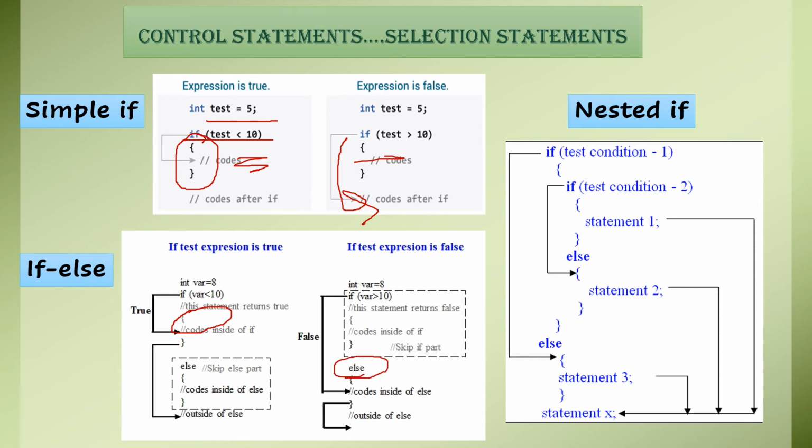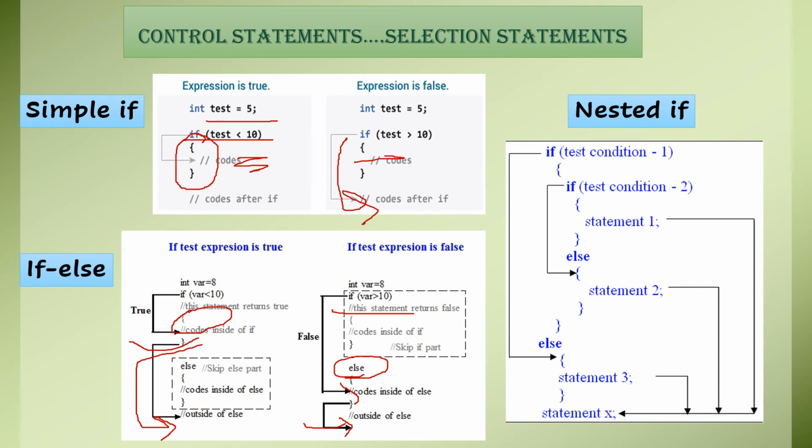After completing the true block, the control will go to the next statement after else. And if this condition is false, the control will jump to the else block, and after the execution of this else block, the next statement written after the else block will be executed.